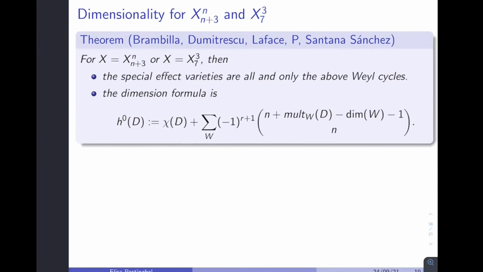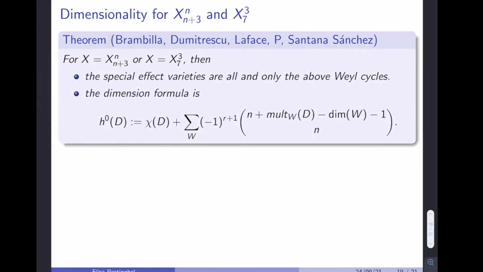So yeah, this is the first result that we have. Now that we have classified these Weyl cycles, what do we do with them? Well, we want to reproduce Castelnuovo's result for the dimensionality of linear systems, in other terms, answering the interpolation problem.